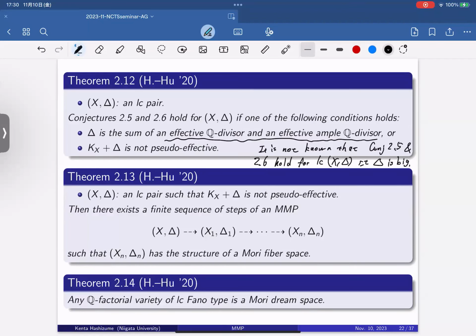And so this is a very huge gap between the bigness of Δ and this condition.